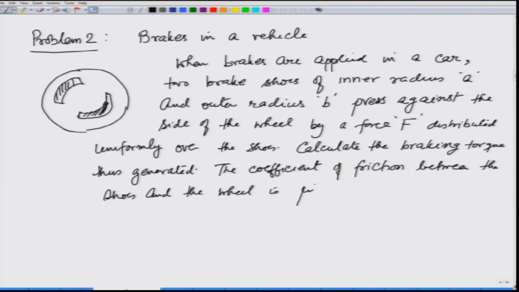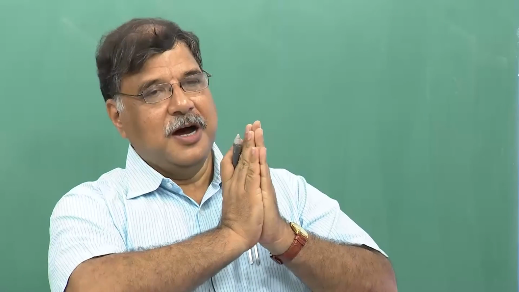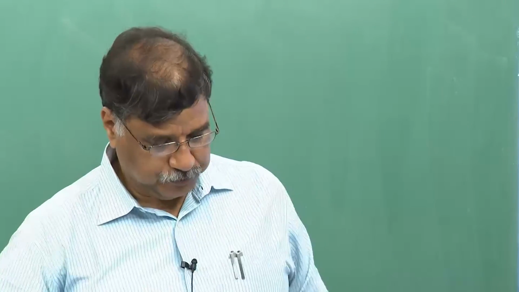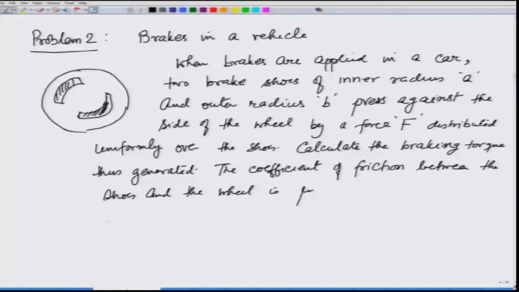So, you understand what is happening. This wheel is rotating and then we press it hard, and therefore, the frictional force that is generated creates a torque. Now, let us look at this. Here is the wheel, and let me just make the shoes like this.